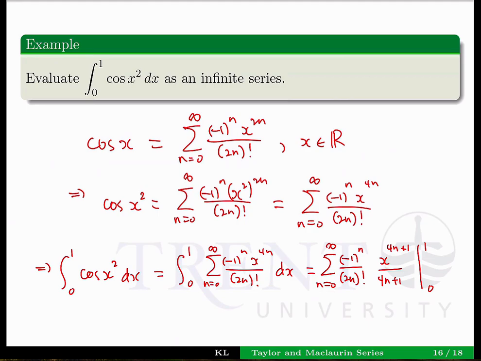So we only need to do x equals 1. So this one will be the sum from 0 to plus infinity of negative 1 to the n divided by 2n factorial times 4n plus 1. So this is the final answer.